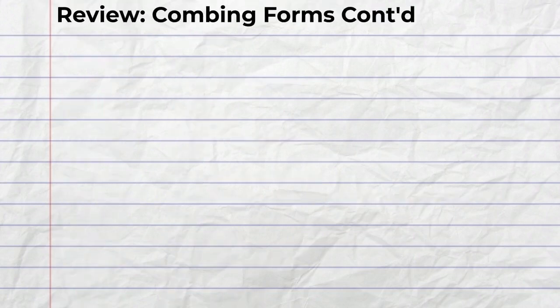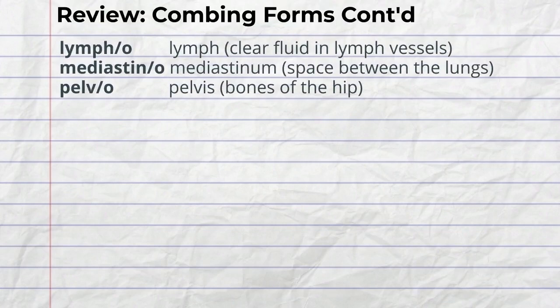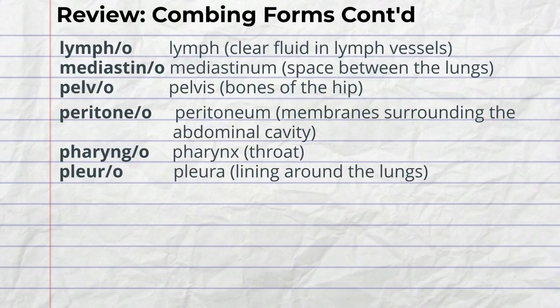Okay, let's finish that quick review of combining forms. Lympho for lymph, the clear fluid inside lymph vessels. Mediastino for the mediastinum, the space between the lungs. Pelvo for the pelvis, bones of the hip. Peritoneo for the peritoneum, the membrane surrounding the abdominal cavity and organs. Pharyngo for the pharynx, the throat.